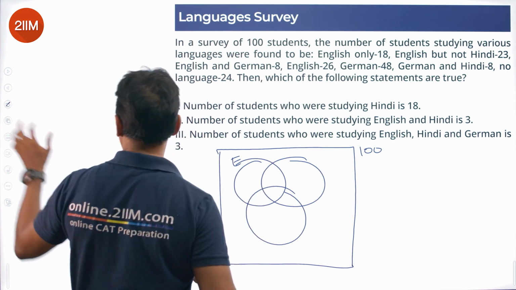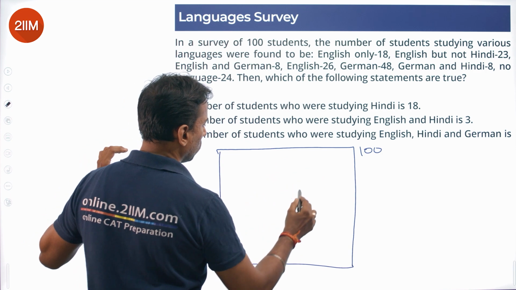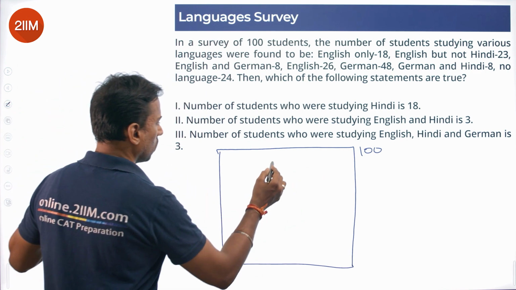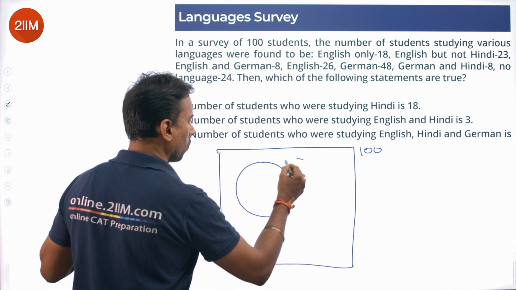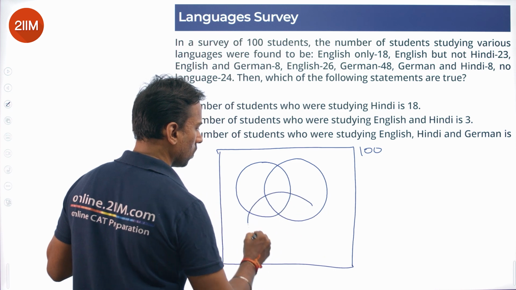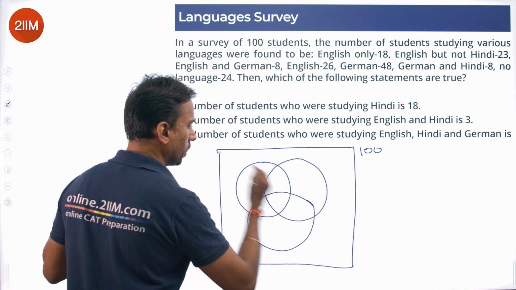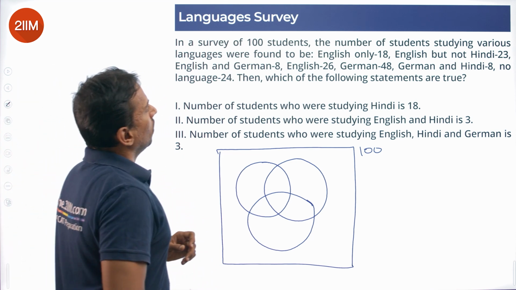Okay, yes. I think we can better draw this. We can draw it better so that it looks good. Yeah, okay, this is good. Yeah, fine. This works. Okay. English.